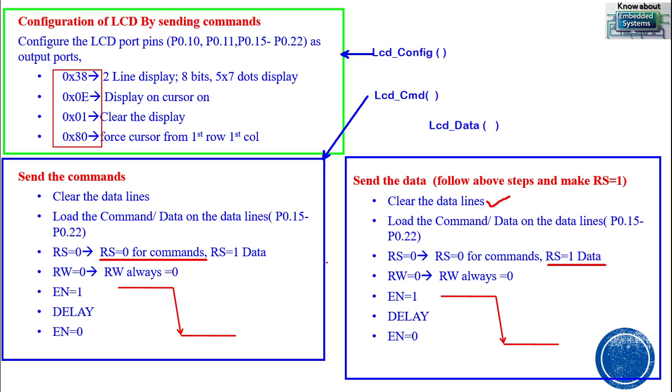For data, we make RS equal to 1. Please do remember, for command RS is 0, for data RS is 1. The rest of the procedure is the same, there is no difference. So like this, we're going to write three different functions. Using these three functions, we are going to configure the LCD, send commands, and send data. And later, finally, we will check the output on the LCD screen.